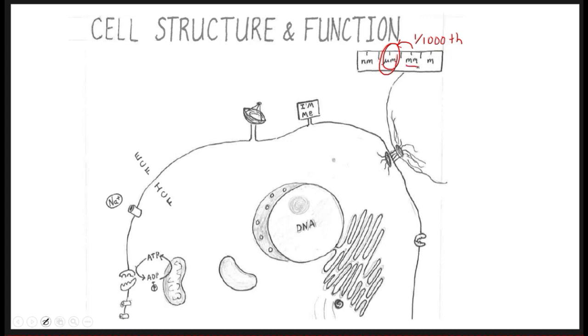Remember, a millimeter is about the thickness of a dime, so this is 1,000th of that. This cell is probably about 100 micrometers across. This represents a generic human cell, so it's about 1/10 of a millimeter. Big enough that you could see it under a microscope, but not with just a magnifying glass. So that's about the size we're talking about.